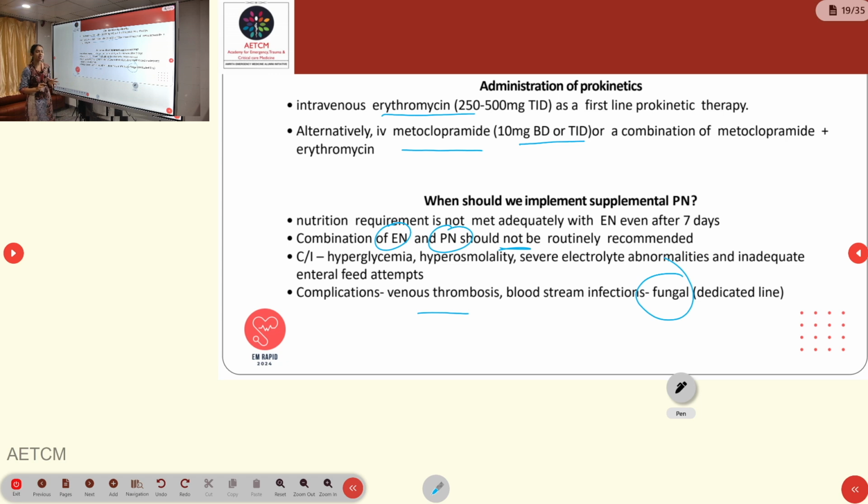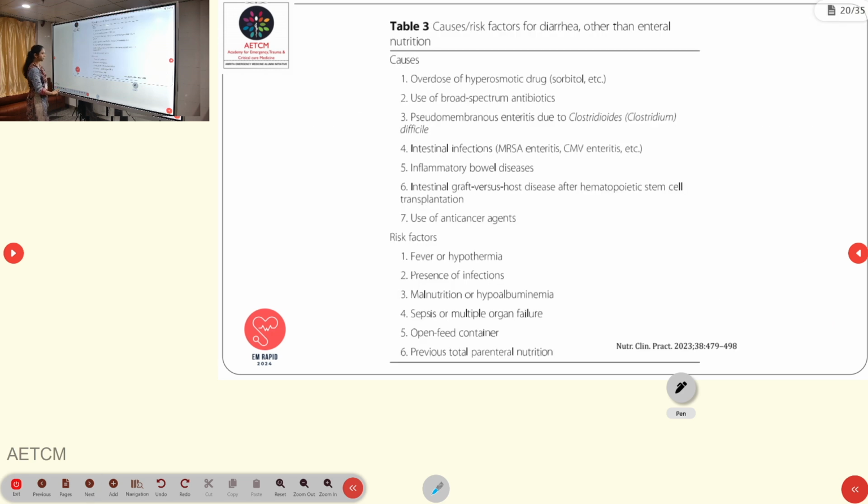And before considering giving parenteral nutrition, we should look for any contraindication, because it is highly concentrated. So there can be hyperglycemia, hyperosmolarity, serum electrolyte abnormalities, and also these are some contraindications, and if anything is there, that should be corrected and then only should be planned on giving parenteral nutrition.